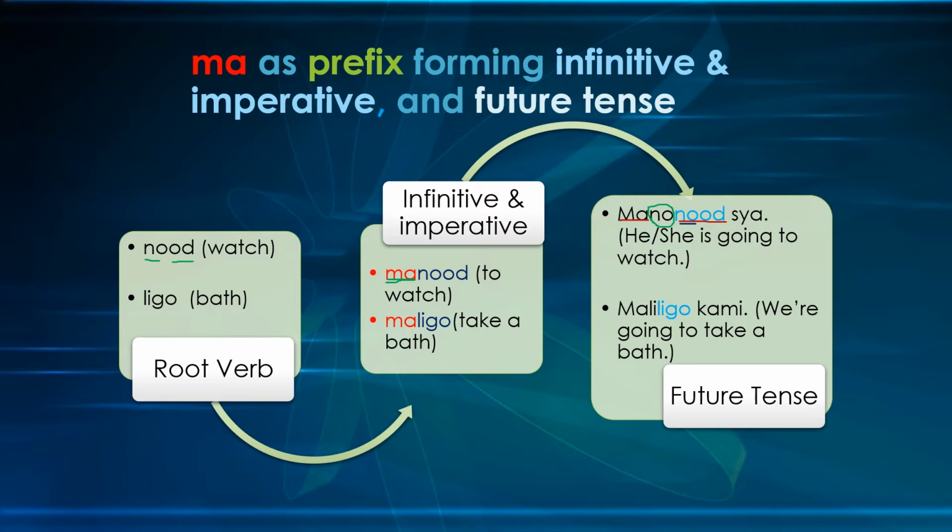So we have now a double no. By having this new word manonood, it means is going to watch. It means future tense. If we put it in a sentence, manonood siya. This means he or she is going to watch.